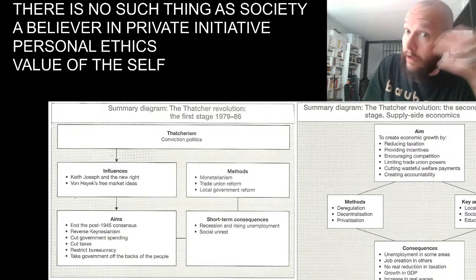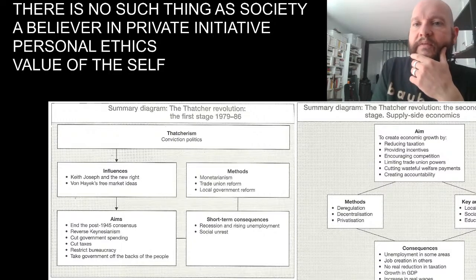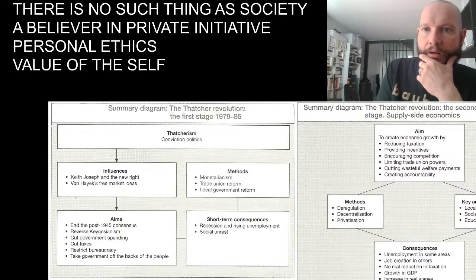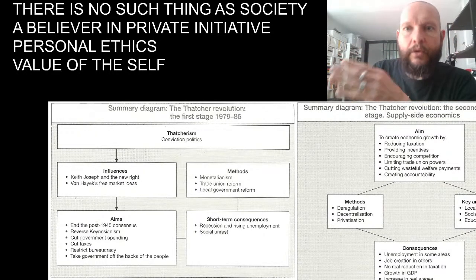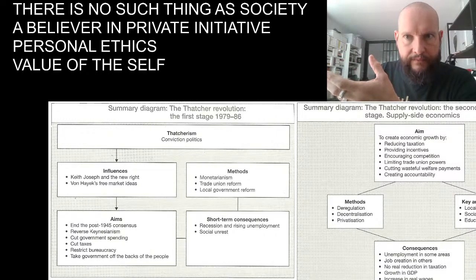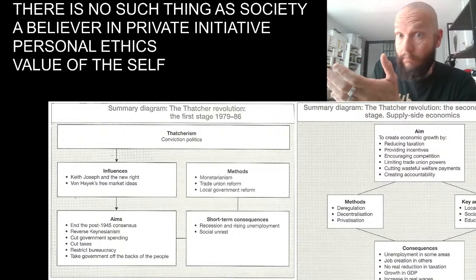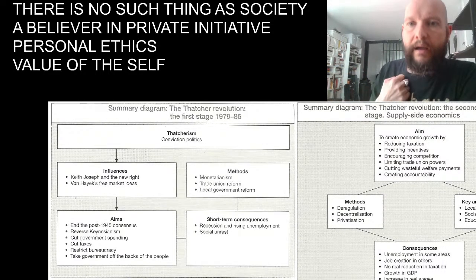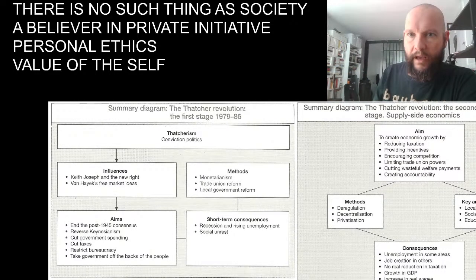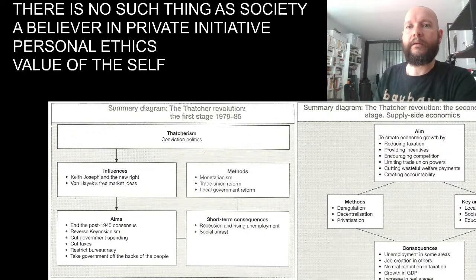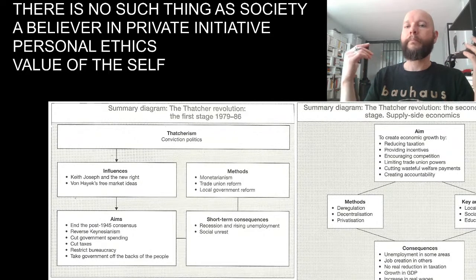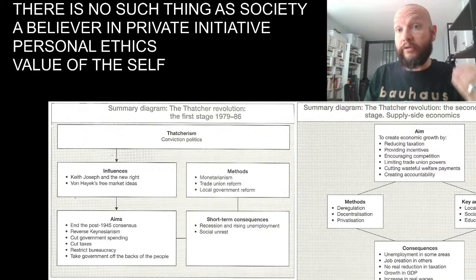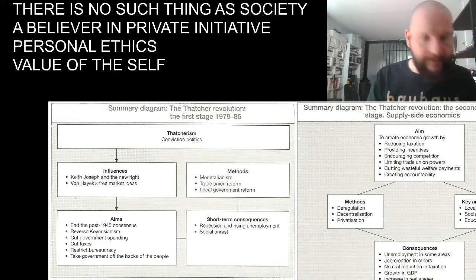To say it in another way, she believed in individualistic ethics. People get what they personally deserve. That's highly liberal. Rely on yourself. Develop your own capacities, develop your own skills, and don't rely too much on the state. Or to say it differently, maybe you will recognize something I've already said.